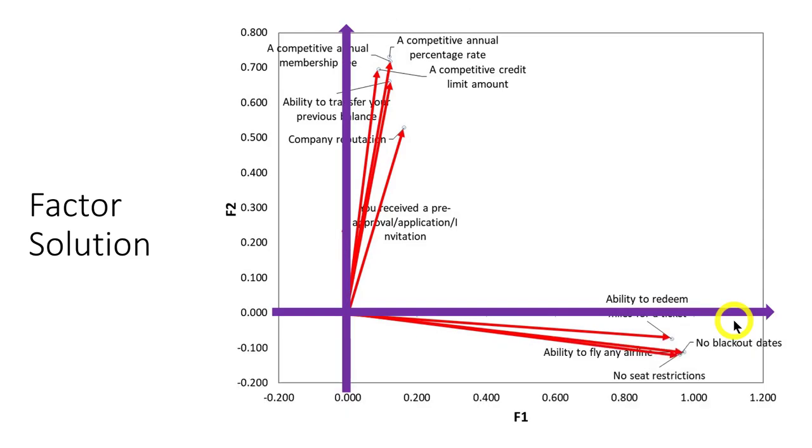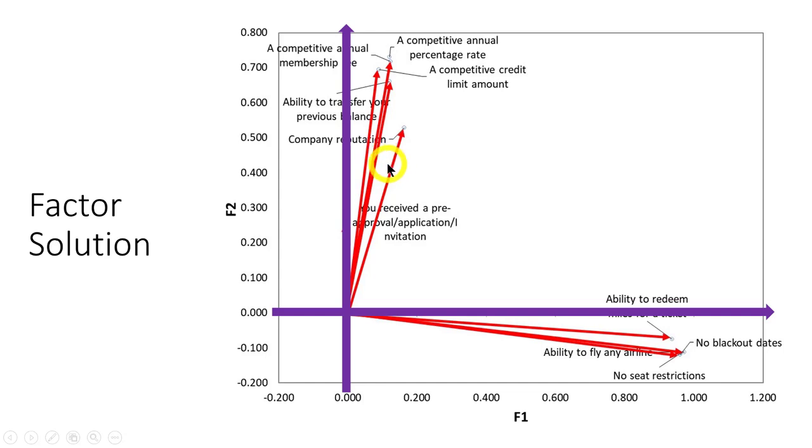Here's the original solution, and you can see that there is a certain angle between the horizontal axis and those variables. There is more or less the same angle between the vertical axis and those variables. So the variables are not perfectly aligned with factor 1 or factor 2.